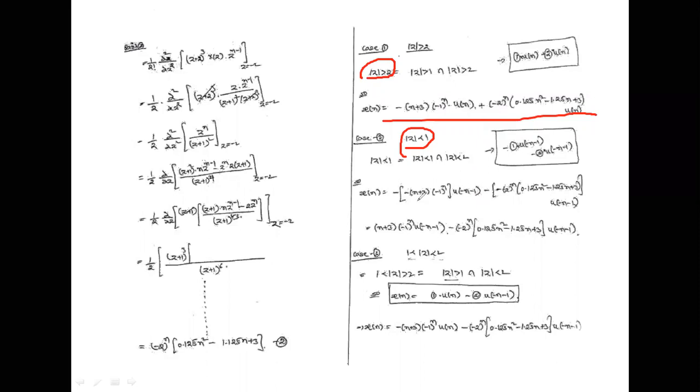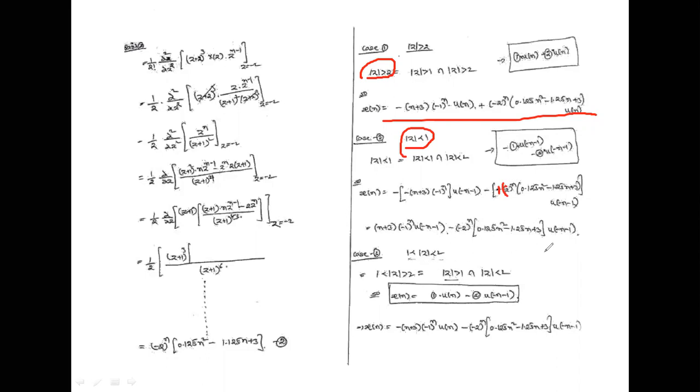Mu of minus n minus 1, keep the minus in front, and mu of n minus 1, keep the minus in front. Both will get 1, minus into minus is a plus here, and here the minus into minus, it is not the minus minus, it is the plus. This value we already have is a plus, and inside there is a minus 2 whole power n. Modify this also. So first term is a plus and the second term is a minus.